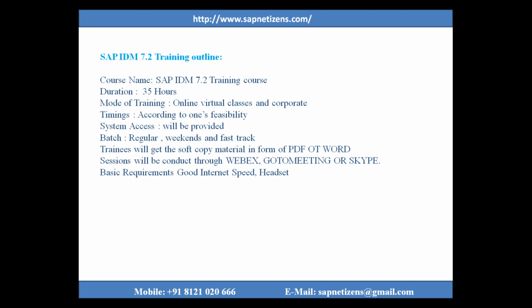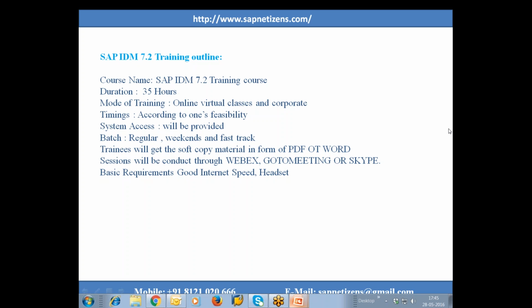Next, we'll look at the training outline for SAP IDM 7.2. The duration of the course is 35 hours, and the mode of training is online virtual classes and corporate. Timings are according to one's feasibility, and system access will be provided, and the system is working in very good condition.